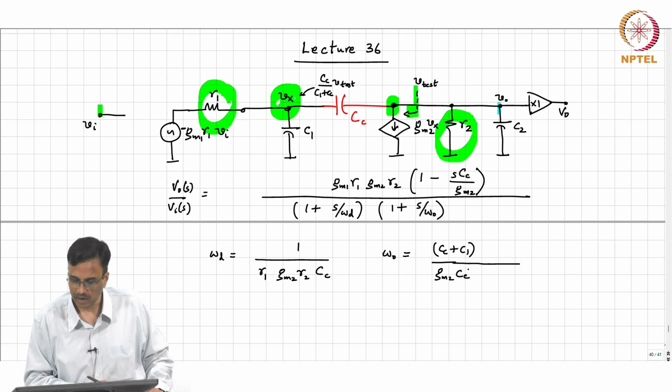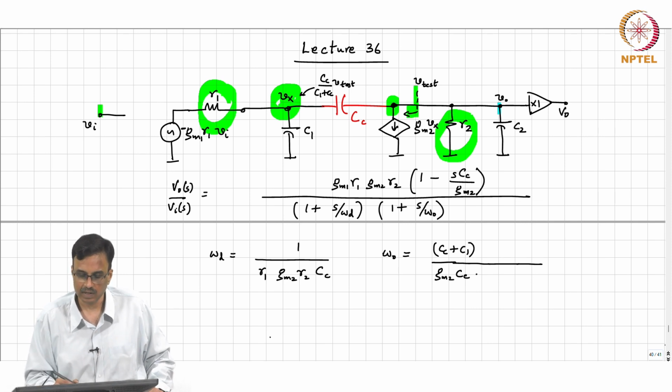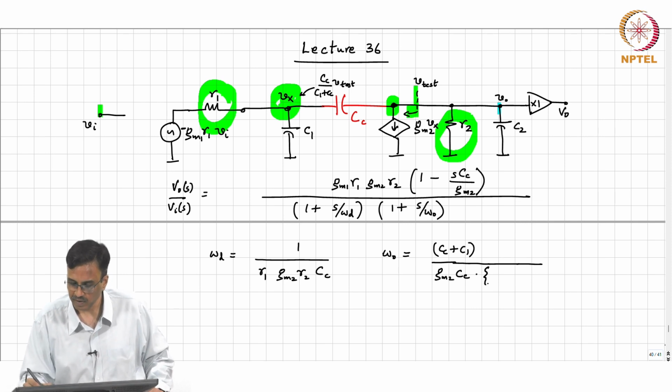And the effective capacitance looking in consists of two components. One is C2 and the other one is the series combination of C1 and Cc, that is C1 Cc over C1 plus Cc.